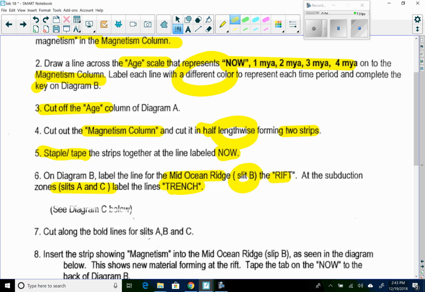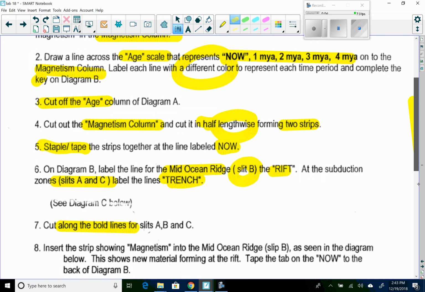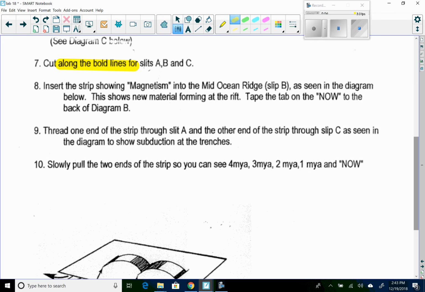See diagram C below. Number 7, cut along the bold lines for slits A and B and C. Number 8, insert the strip showing magnetism into the mid-ocean ridge slit B, as seen in the diagram below. This shows new material forming at the rift.